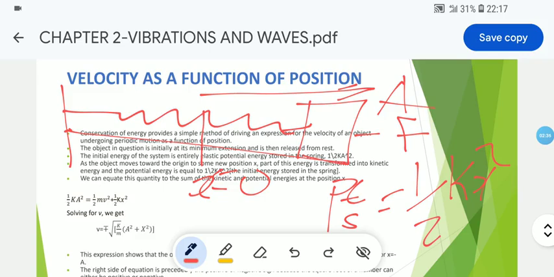From today we are looking at how we can express this potential energy in terms of the velocity and also the amplitude. In other words, we are trying to find the velocity from this same expression, which is the conservation of energy.